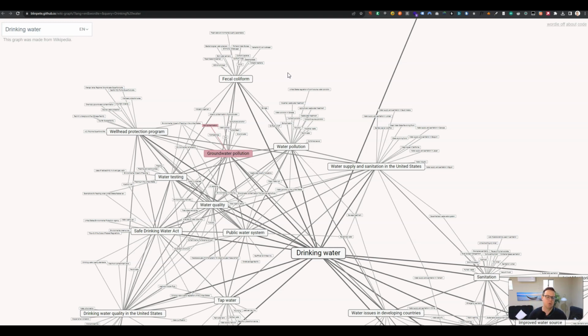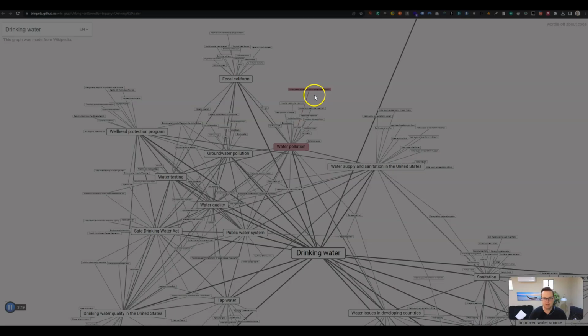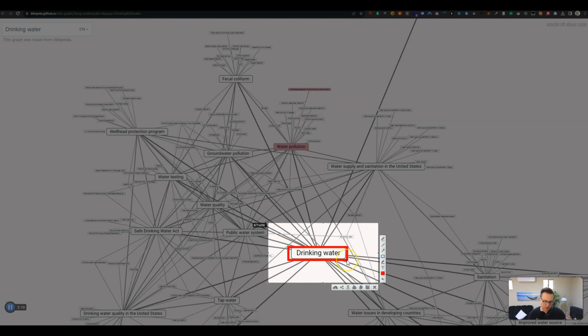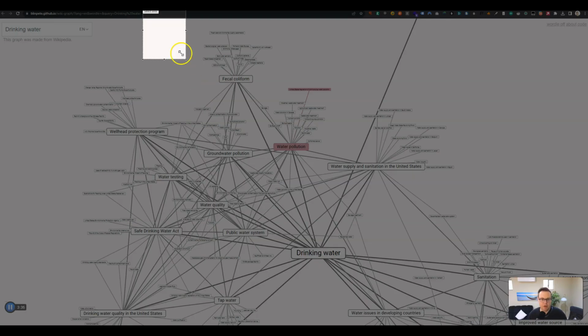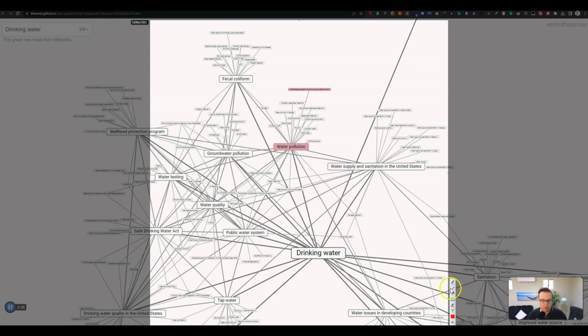the topics that could be interesting, and consider the distance from, let's say, if you are talking about drinking water and you're talking about luxury water, then of course the distance from drinking water to luxury water is relatively small. But at the very top here we have fecal coliform in this graph, and you can see that is quite far away.